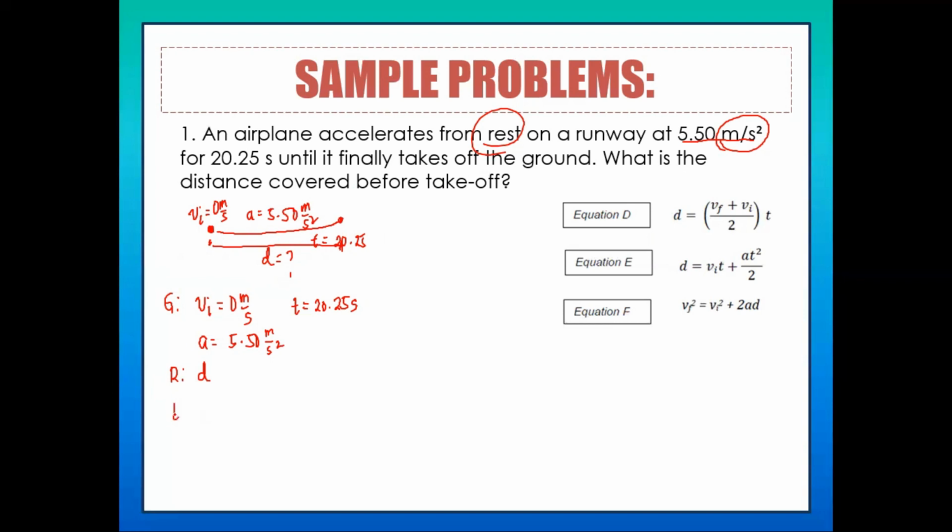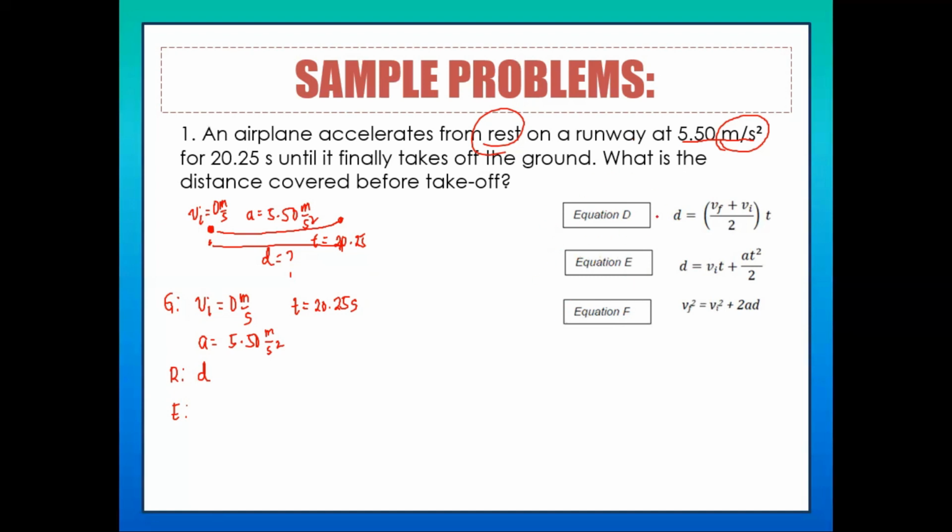Okay? So here, I'll be teaching everyone the technique to know which equation we will use to solve this problem. Okay, let's look at the given. Use the given as well as the required variable to be solved so we know which equation. Is it equation D, equation E, or equation F?